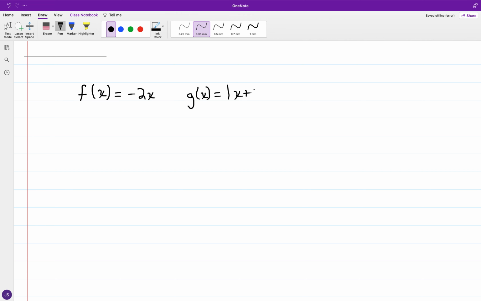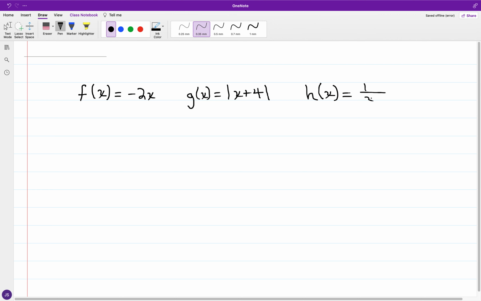Then the remaining part of the trio is h of x, which is the reciprocal of x minus 3. So h of x is equal to 1 over x minus 3.